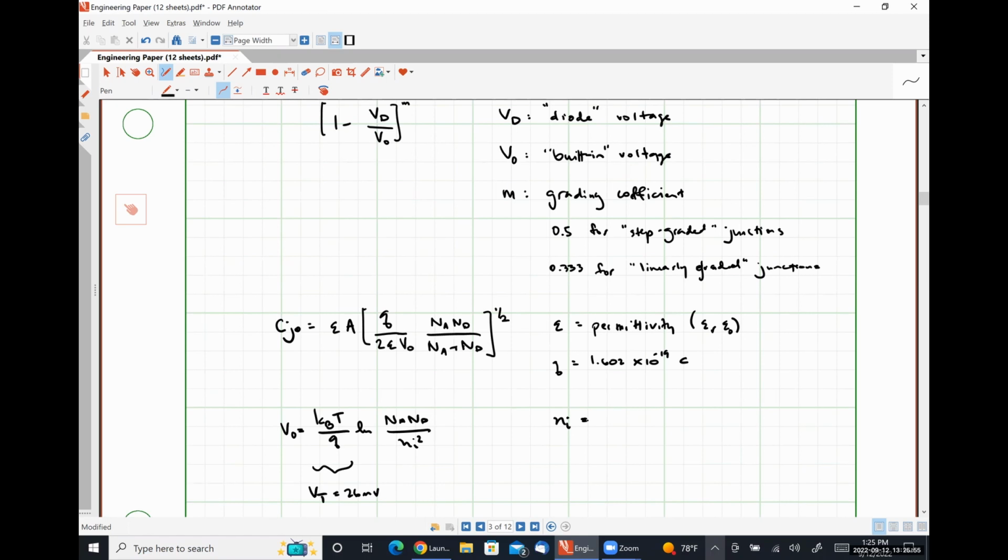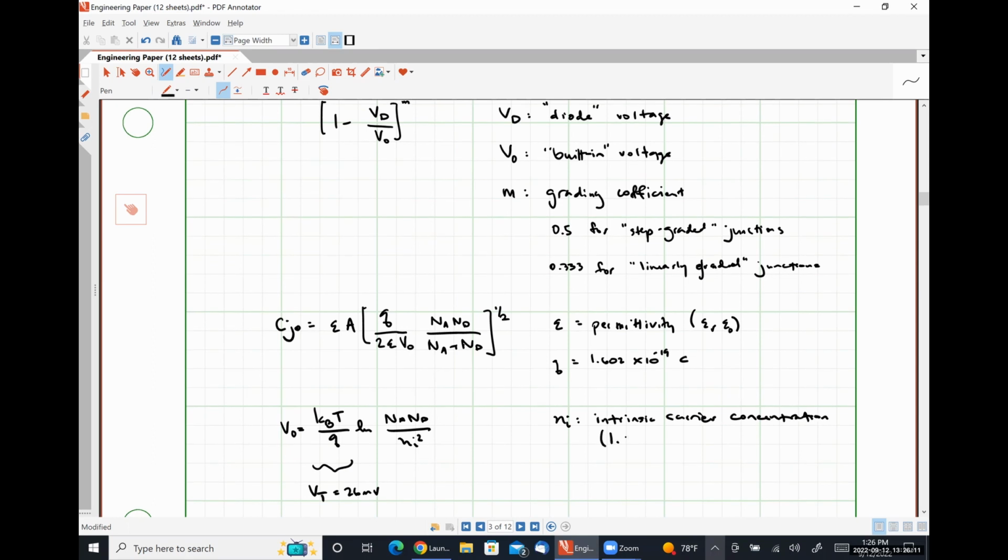Ni is the intrinsic carrier concentration of the semiconductor. So for silicon, 1.45 times 10 to the 10 per cubic centimeter, depending on who you ask.